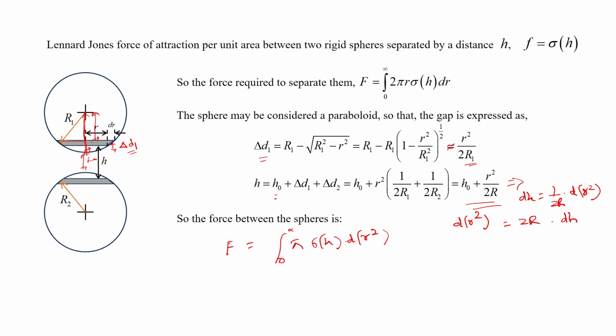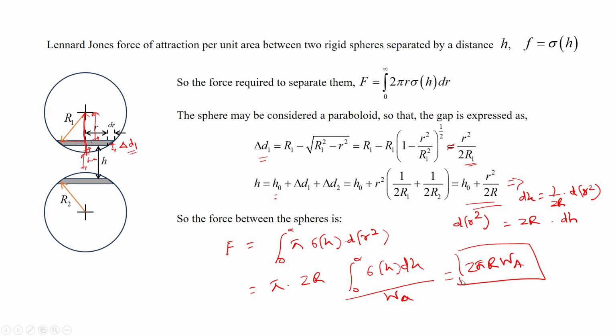So, therefore, I will be able to write it here as, let us say, this is pi and then d of r square is equal to 2R d of h, and this is 0 to infinity, and let us say it is sigma of h d of h. So, see, this quantity is actually w, because we have derived that earlier, right. So, what we get here is 2 pi R into w, right, that is what we get.